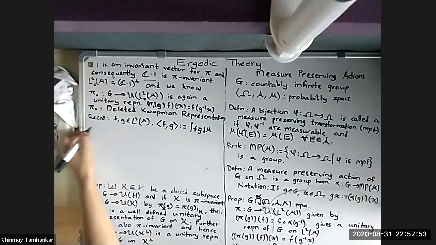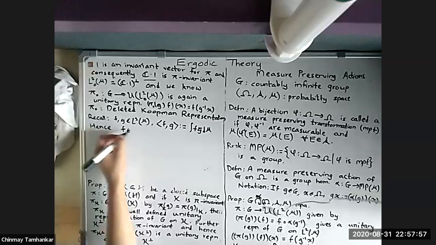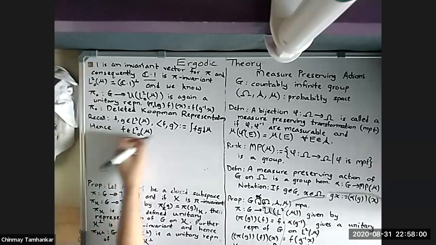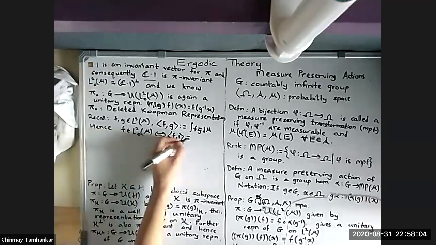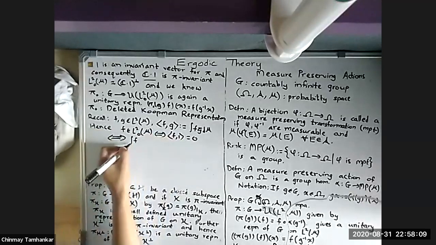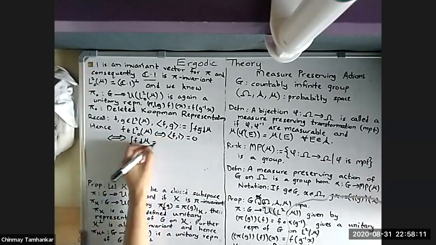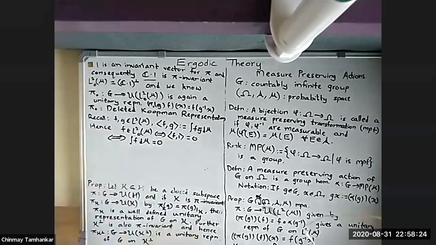Hence f is in it if and only if the inner product of f and 1 is 0, which is if and only if the integral of f d mu is 0. So this L2 mu 0 is the space of all L2 functions whose integral is 0, or as probabilists say, expected value is 0.